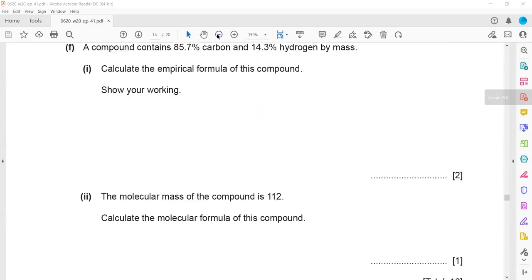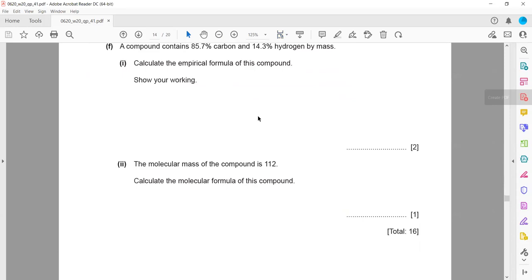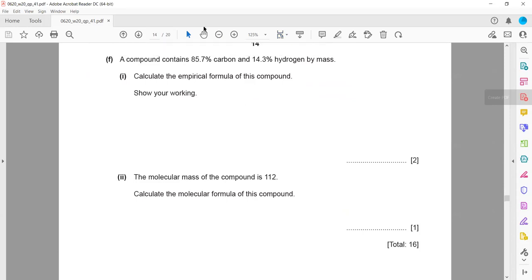The next one, finding the empirical and molecular formula. How do we find the empirical formula from percentages or the mass? There are three steps. Step 1 is divide by relative atomic mass.